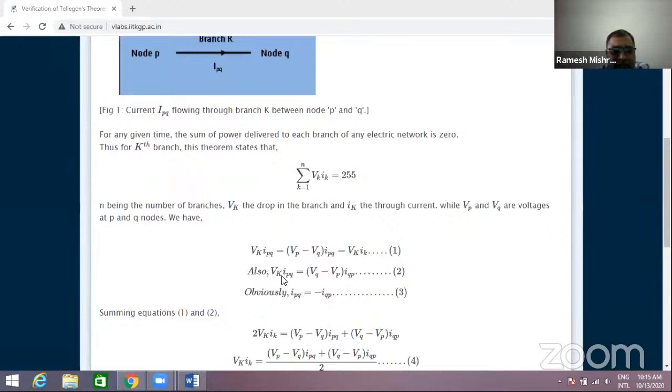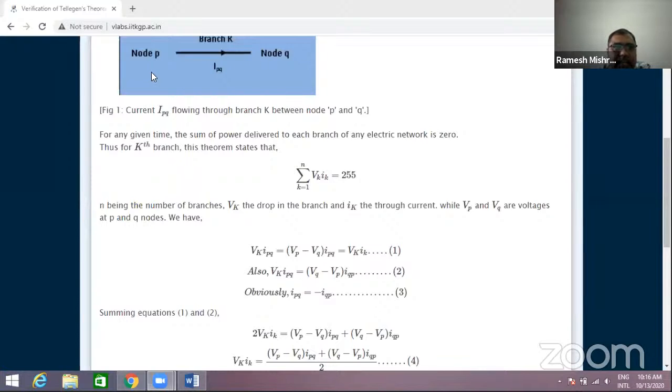Also, you can write Vk into Ik is equal to Vq minus Vp into Iqp. If we take the voltage from this side to that side, then the total voltage of this branch has first node Q and second node P. Then you can write it in this manner: the voltage is equal to Vq minus Vp and the current is from Q to P. So we write Iqp like this in equation two.